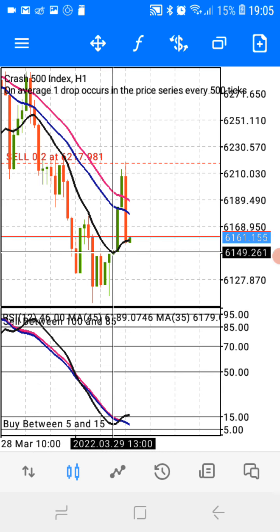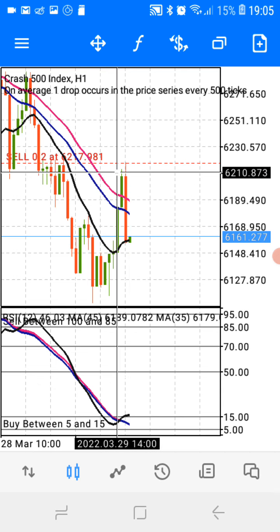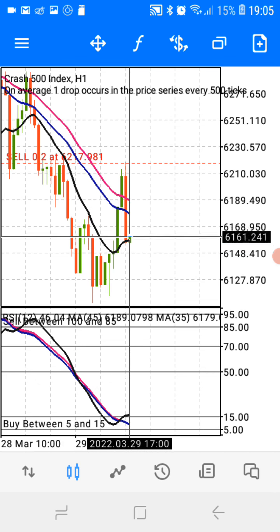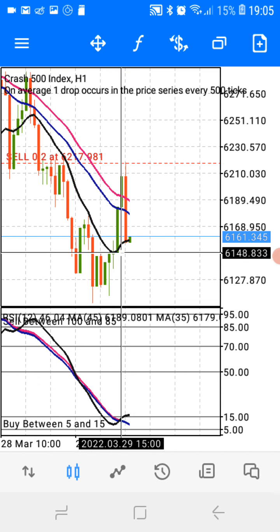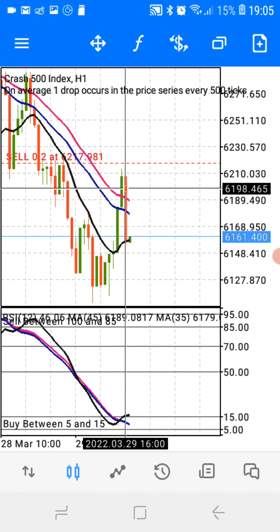Even if you had taken the buy here, that candle was going to get you out of the market with a loss. So when buying Crash, please make it a point that you are scalping. You're not holding your trades, because when it crashes, it's crashing to take you out of profit.